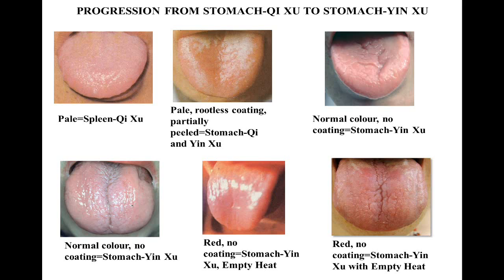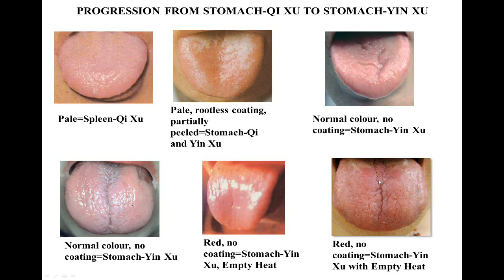If you look at the first tongue with Qi deficiency, there is a coating. Then the coating is partially missing in the second slide. In the third slide, the coating is completely missing, but the color is still normal. And you get to the last tongue, the coating is missing, but the color is a little bit red.